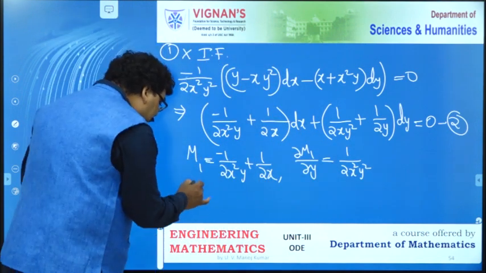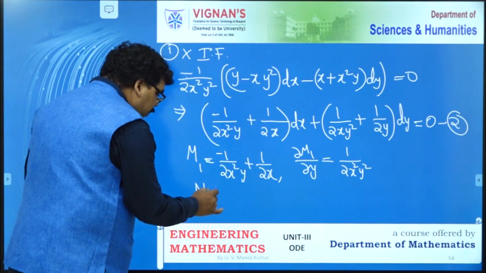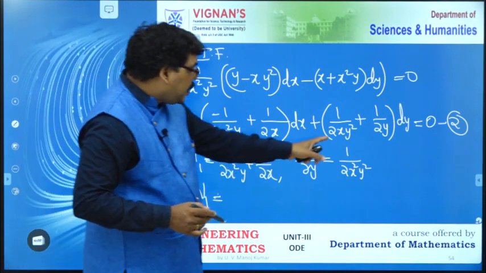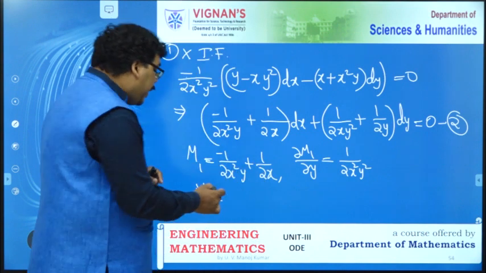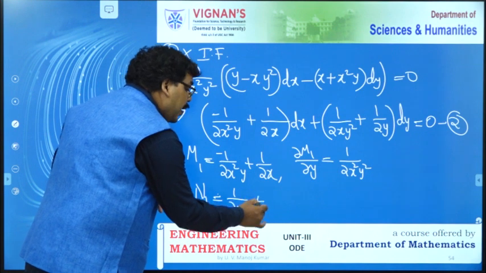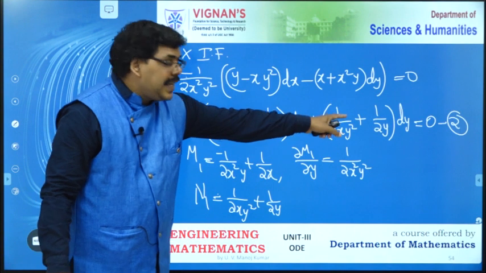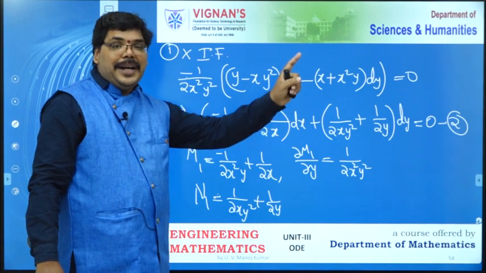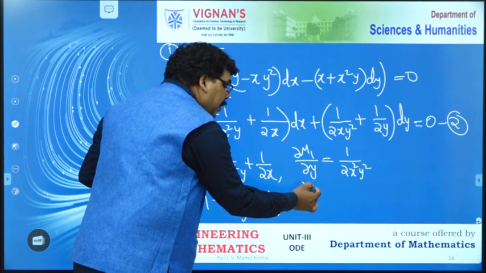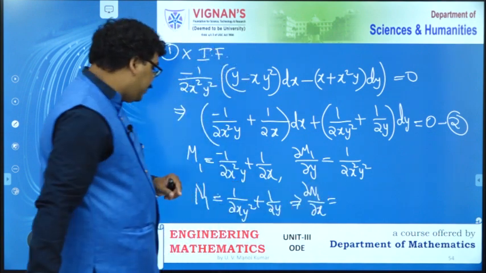Okay. N1 will be this term, 1 by 2xy square plus 1 by 2y. Okay, this is N1. ∂N/∂x I want to calculate. Instead of N I am writing N1.